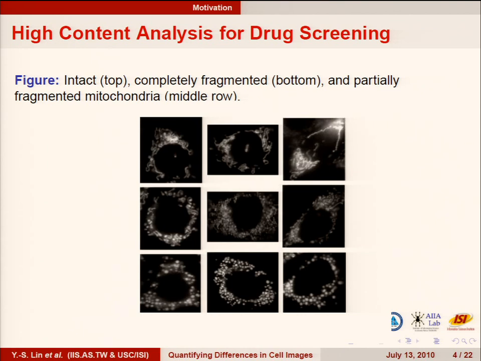And there is a cell image with fragmented mitochondria, so they have a round shape. It is a challenge to analyze the ones where cells have mitochondria that are partially fragmented and partially not. How do we quantify the morphology of the different images?